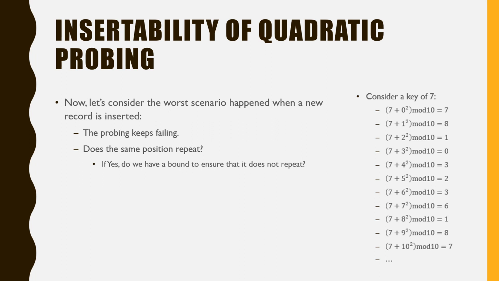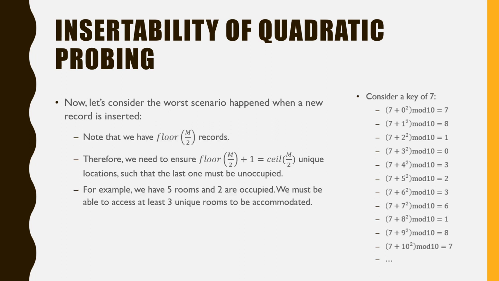However, we may relax our discussion on the first few probings. As you can see in the example, there is no repeat in the first 6 probings. Now, let's consider how many unique probing locations we need to ensure. Note that the table may contain up to floor M over 2 records.